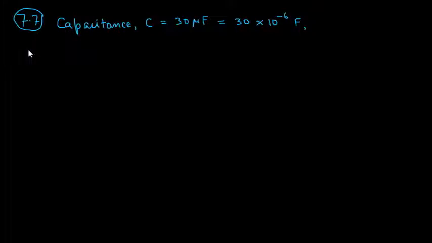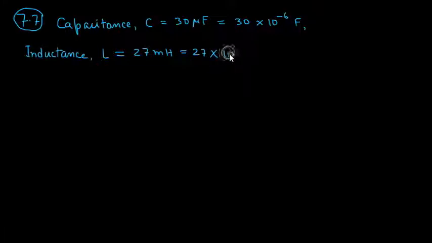Inductance L is given as 27 mH, which is equal to 27 multiplied by 10 to the power minus 3 H. So these values are given.